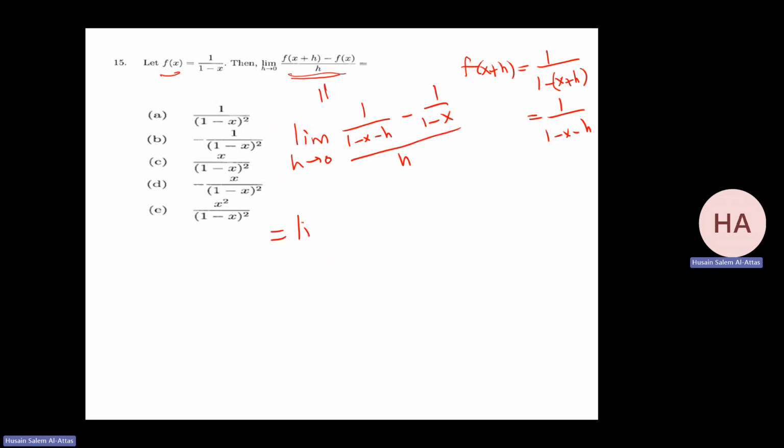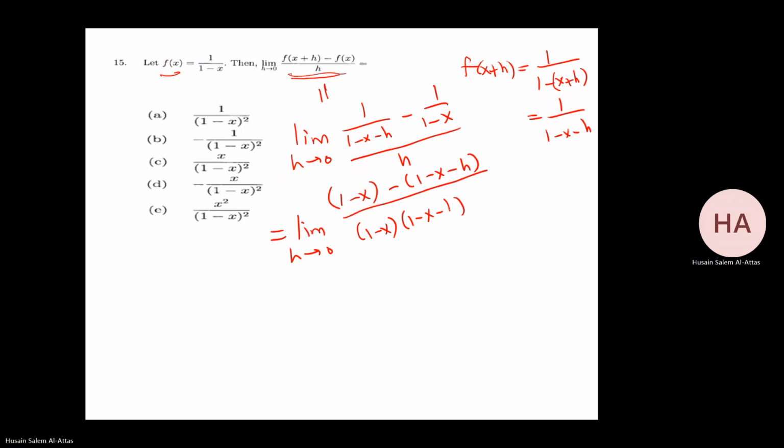So simplify this one. I'm getting what? 1 minus x minus (1 minus x minus h) over (1 minus x)(1 minus x minus h). Don't forget, times h.